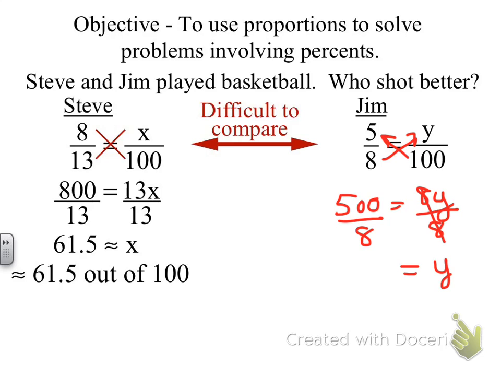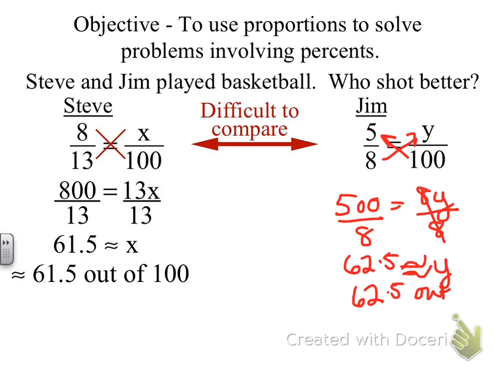And y is equal to? It equals 62.5. Is it exactly or is it about? Okay. So take that back to the story. Sabina? It's about 62.5 out of 100. Okay.